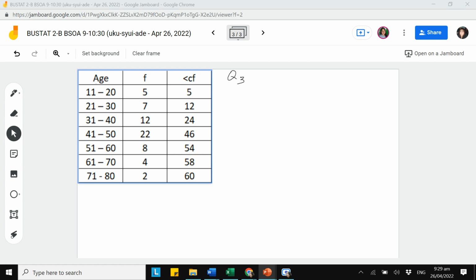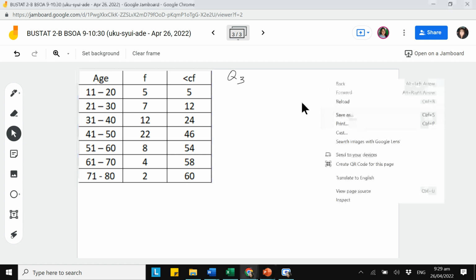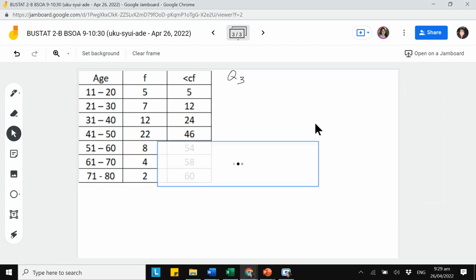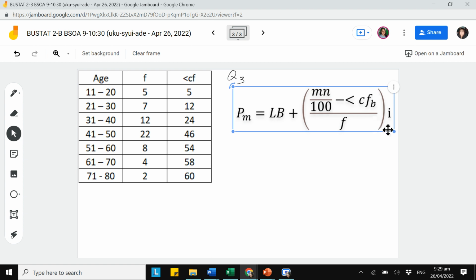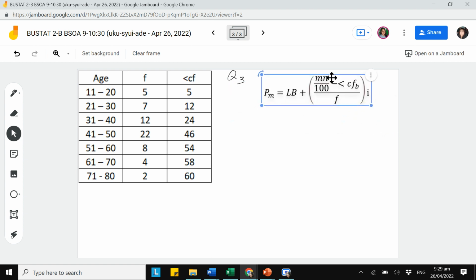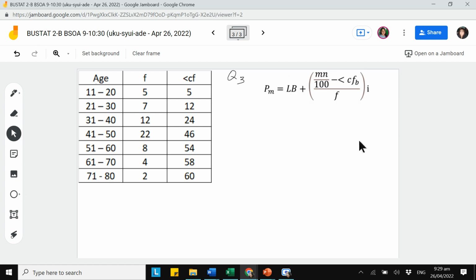Let me just copy the quartile. Okay, the 75%, to get that one, so that would be 60 times 0.75.